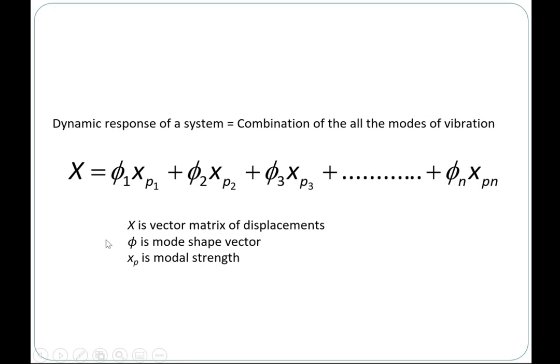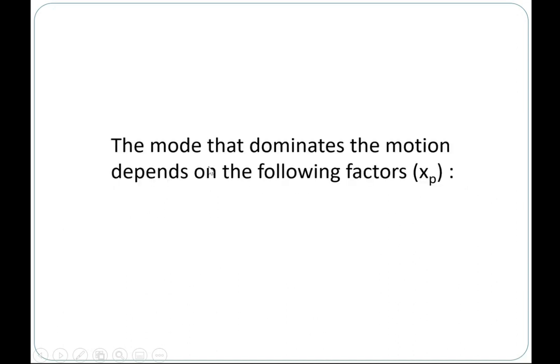But in theory, we are saying that the vibration that you obtain from a machine is contributed by the mode shapes. Right. So the modes that dominate the motion depend on the following factors. There are 3 factors affecting this motion.